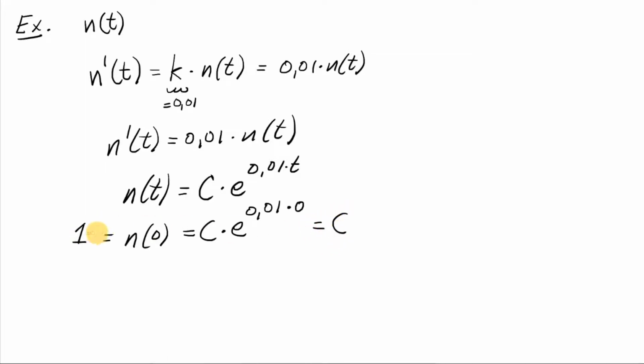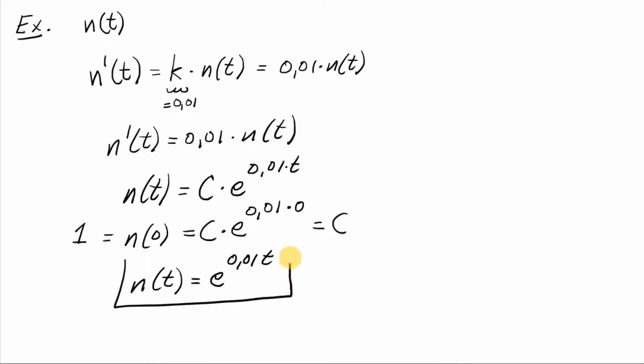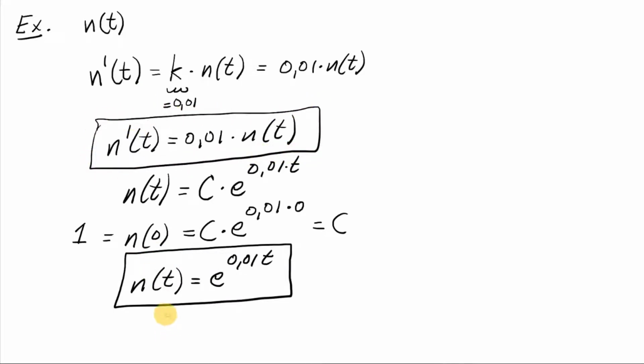So we get c equal to 1. And if you put that here, then we see that the solution to this differential equation gives us the number of people living in the country after t years. So the starting population is 1 million, then it increases exponentially.